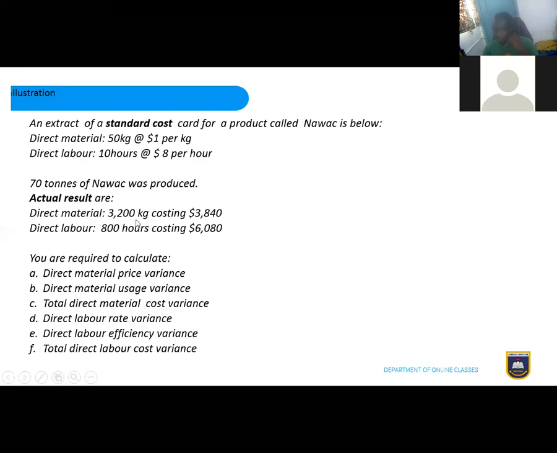Even the kg tells you, okay, this is quantity. And do not forget the question asks for the actual quantity used. Quantity. So please, you don't have to go and write $3,840. No, it's not. This is not quantity. This has to do with an amount, money. But our focus is on the quantity that was used. So we can see it clearly from the question that it is 3,200.